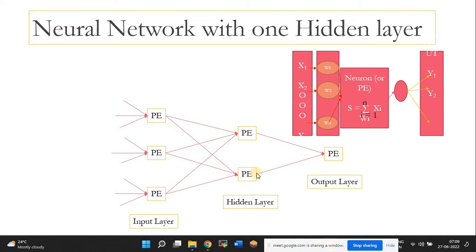So this is the input layer, hidden layer, and the output layer. This is how it is put. All the processing units are fully connected to other processing entities within the hidden layer, and these processing units go through neurons to another processing unit, finally the output layer.